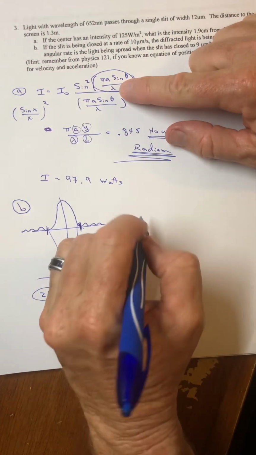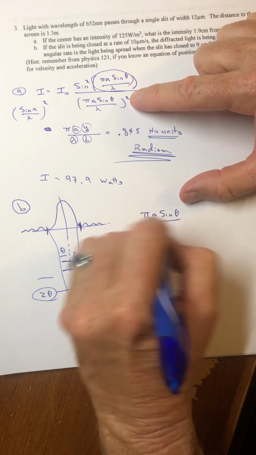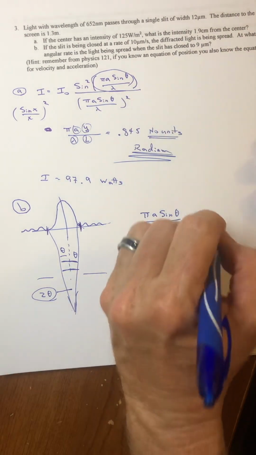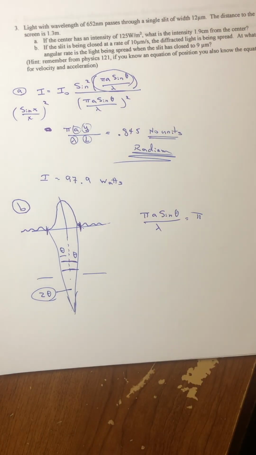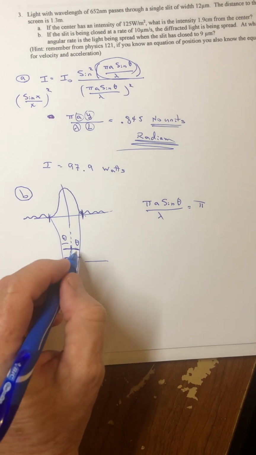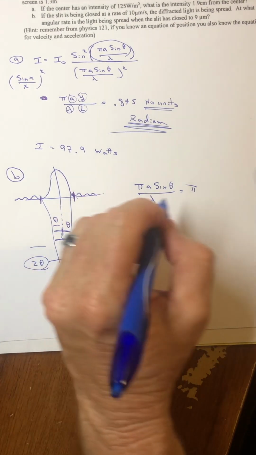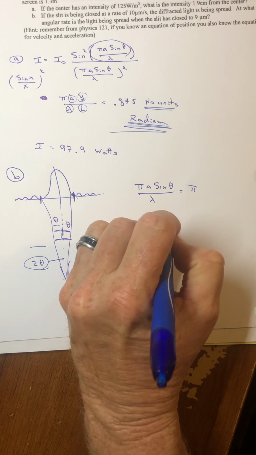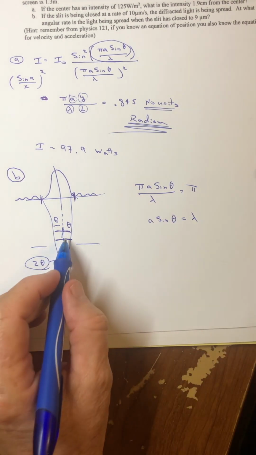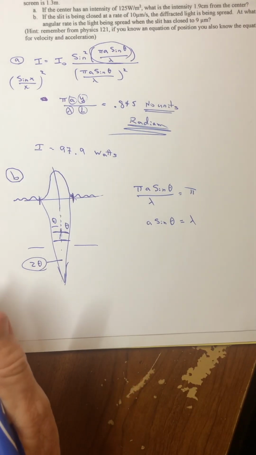So in other words, this pi a sine theta over lambda is when the sine function equals 0, where theta is this angle to the left or to the right of where the diffraction is.